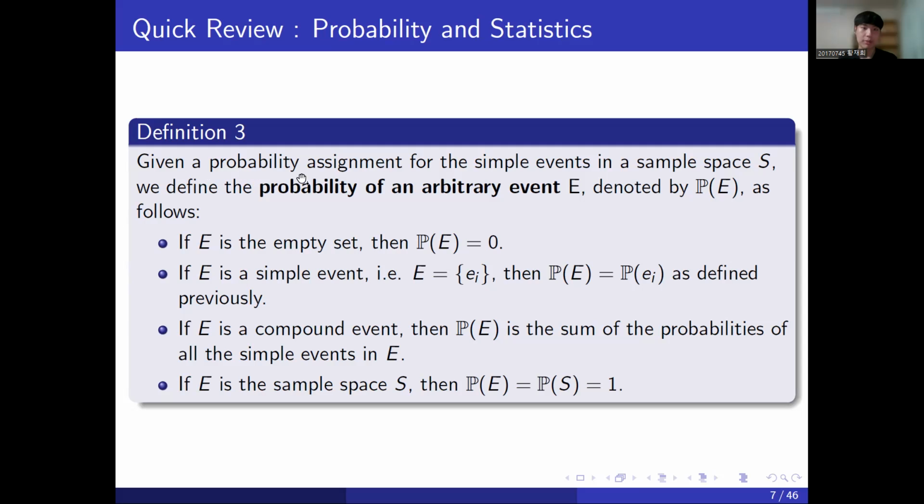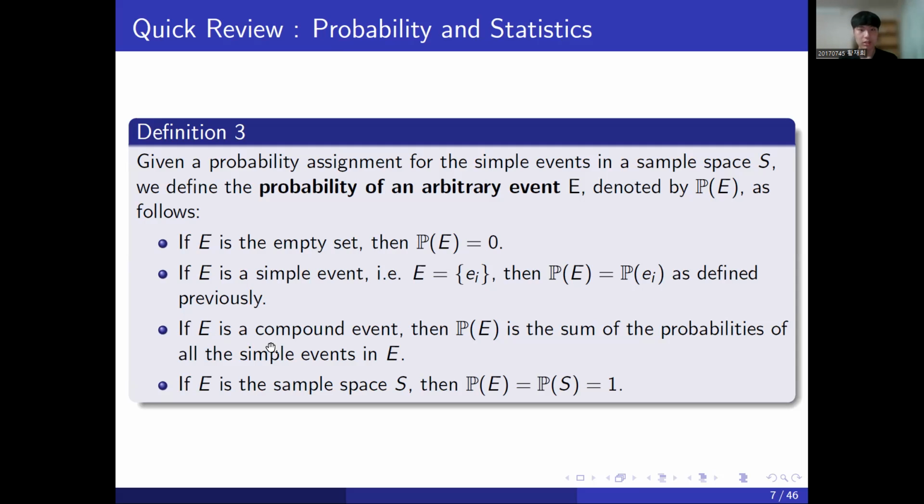Given a probability assignment for the simple events in sample space S, we define the probability of an arbitrary event E, denoted as P(E). We will use these notations a lot. If E is the empty set, then P(E) equals 0. If E is a simple event, then the probability of event E is as defined previously.